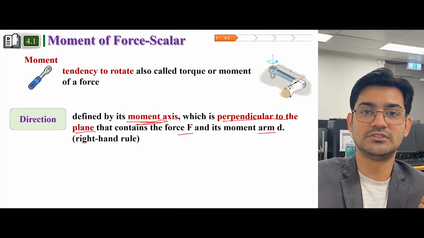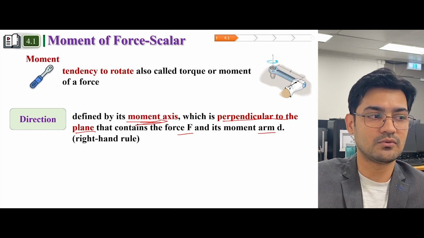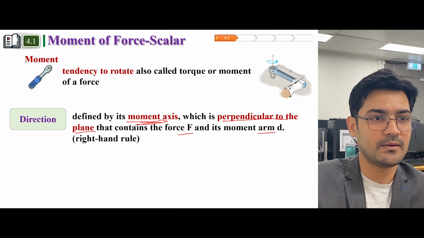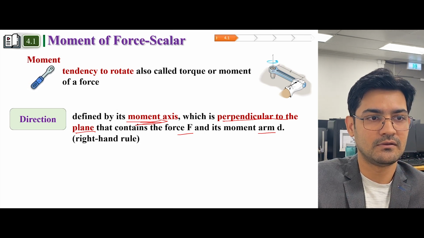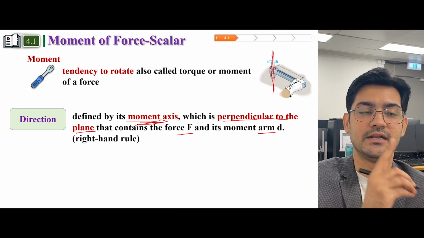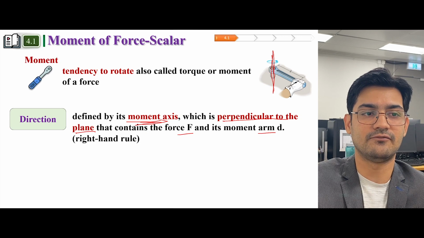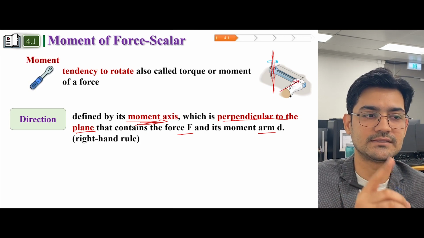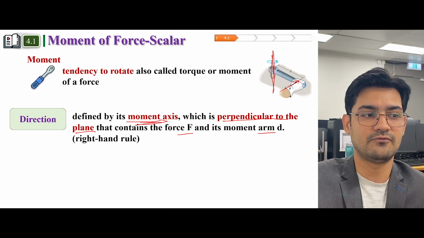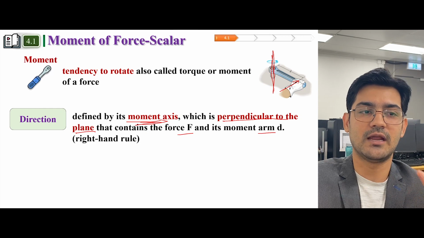Now we can use this right hand rule to calculate the direction of moment. So this is a moment axis because along this axis there is a tendency to rotate if we apply a force in this direction. And the moment axis is actually perpendicular to the plane of action of force and moment arm d.